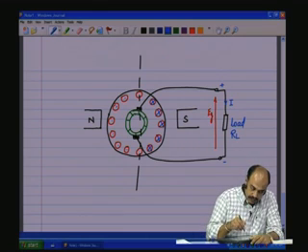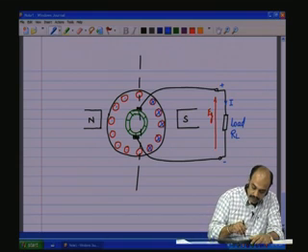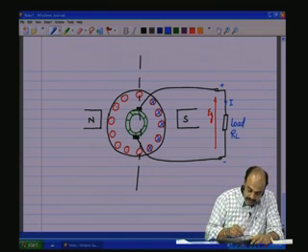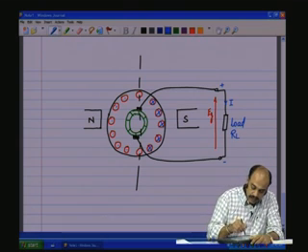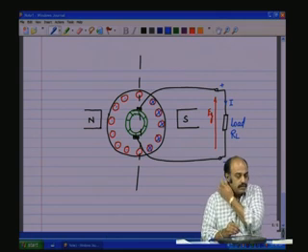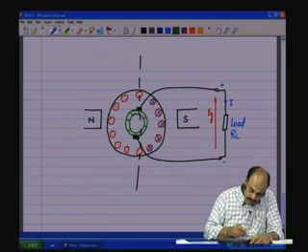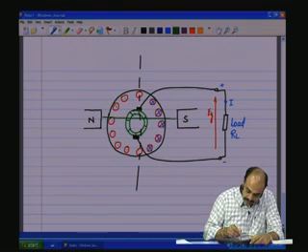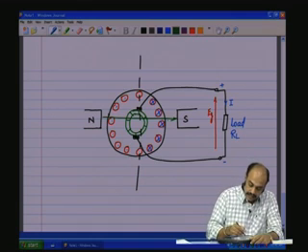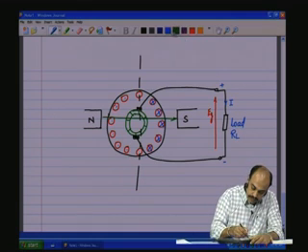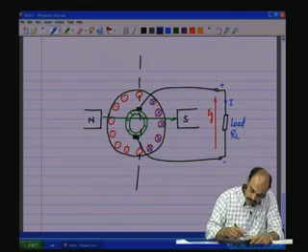Now, if we take a particular conductor, let us say this particular conductor which I am showing here with the cursor, that is flowing into the board. Now, there is a magnetic field which is being applied in this direction, and therefore, there has to be a force which is in this direction.